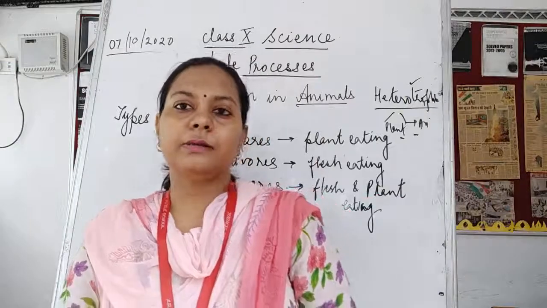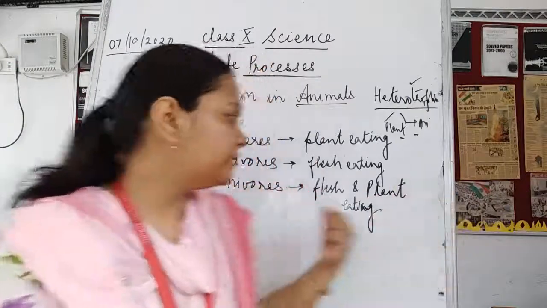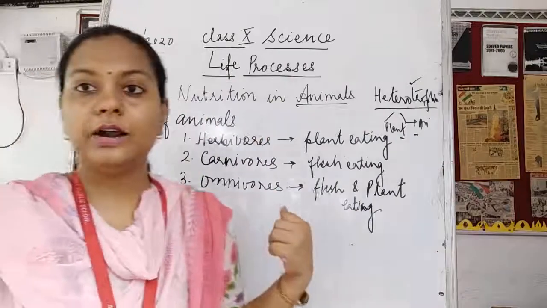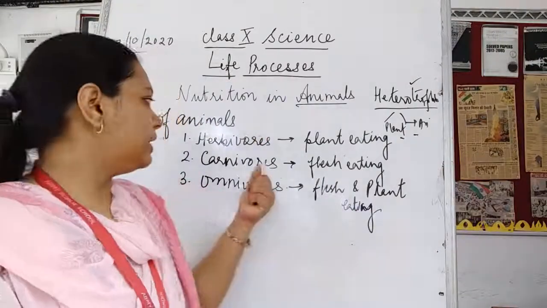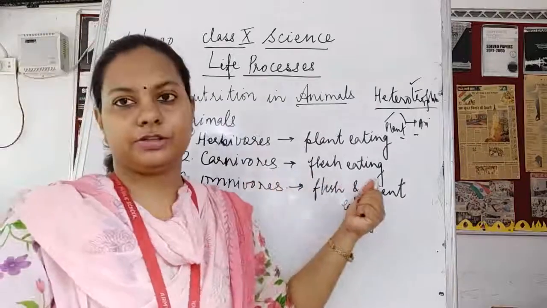For example, if we are talking about these types of animals, they are dependent upon the animals directly, because they are going to eat the flesh.